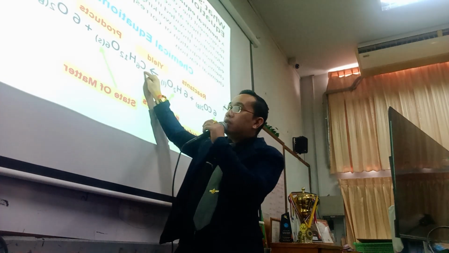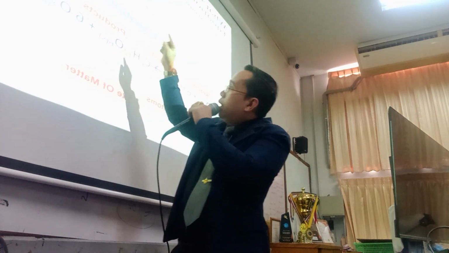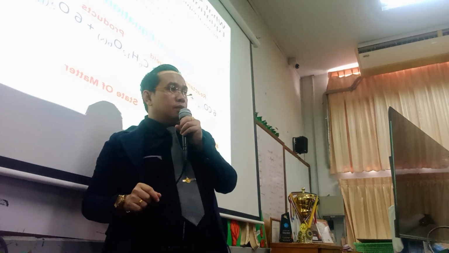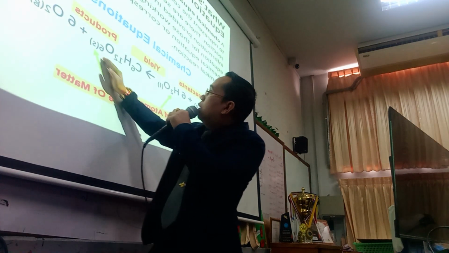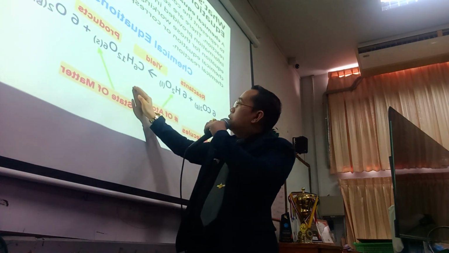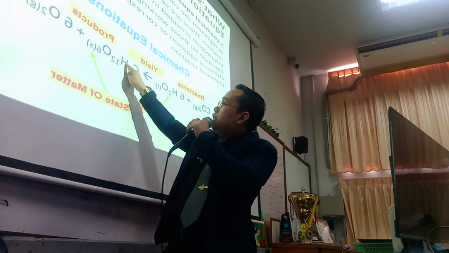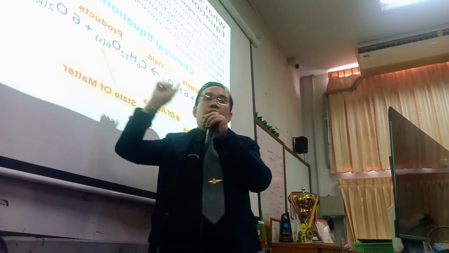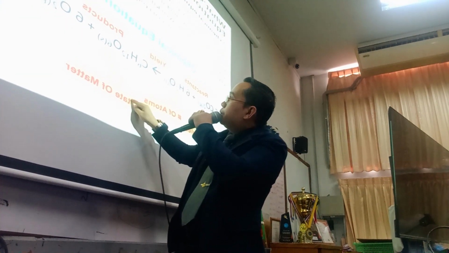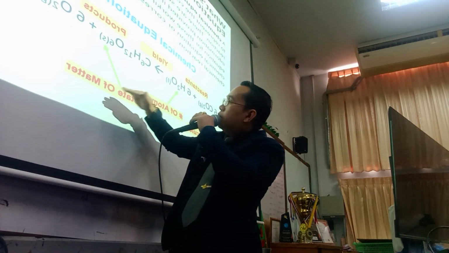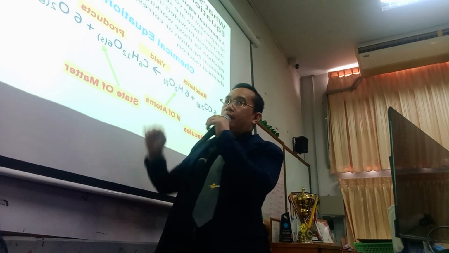So we have to look at the reaction arrow. This will be our guide to determine the product. So I'll repeat. We have what we call glucose. We have 6 atoms of carbon, 12 atoms of hydrogen, 6 atoms of oxygen, and the state of matter for this part is a solid state of matter as a byproduct.